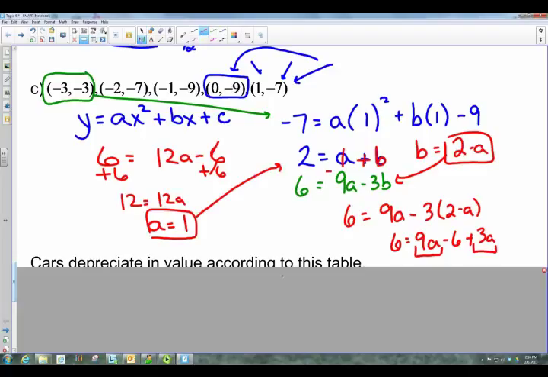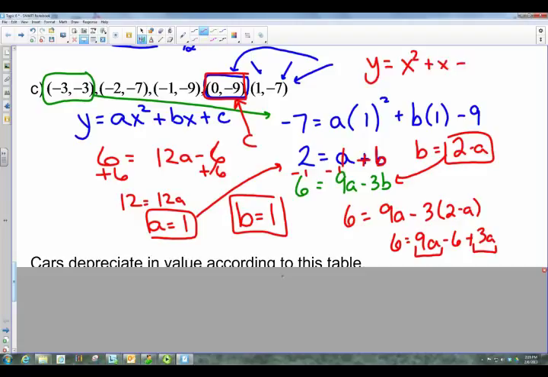Subtract your 1 from both sides, and you end up with b equals 1. Well, we know a is 1, we know b is 1, we know c is -9 from right up here. So the final answer here would be y equals ax squared. Well, a was 1, so it's just x squared, plus bx, well, that's 1, plus c, c was -9. There's your function, and you're done.